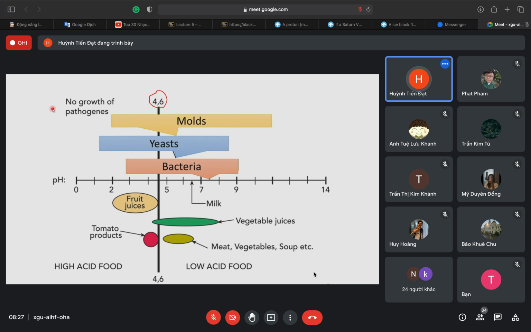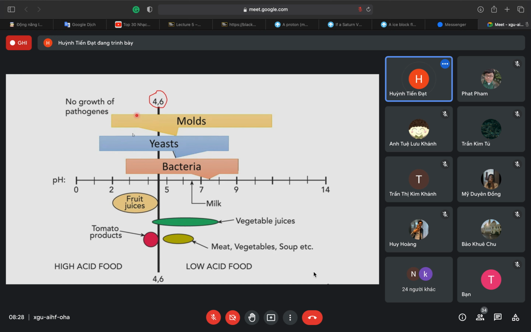In that case, the concept we call acidification means we have acidified our food into a safe state, free of pathogens, with no growth of the pathogens. But spoilage microorganisms can still work. So the pathogen is kept below 4.6.